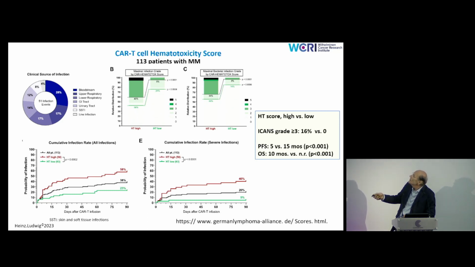These are infections in general, and here you have infections due to bacteria, a similar picture. And again, here you have the cumulative incidence rate of infections and of severe infections. When you have a high hematotoxicity score, you have a higher risk for ICANS, and you have a shorter progression-free survival and shorter overall survival.